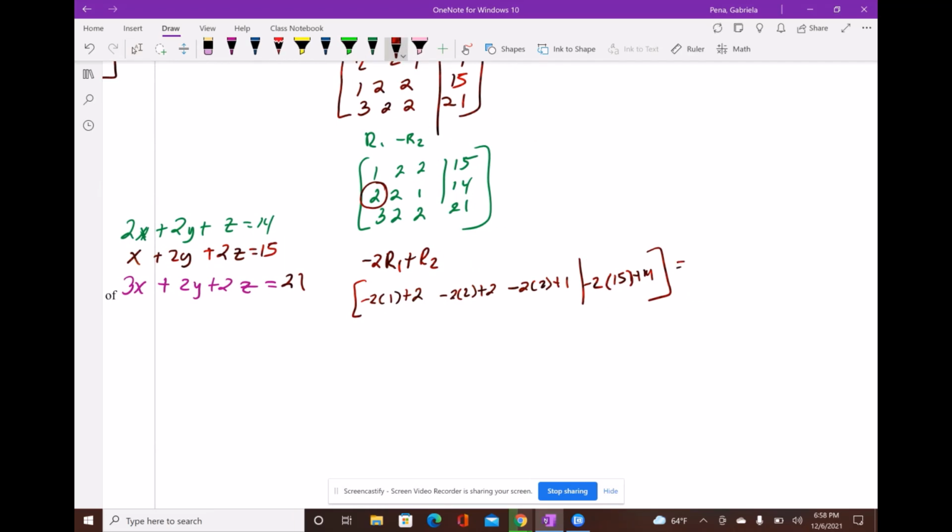Everybody's favorite, I know. 1, 2, 2, 15. This becomes 0. That's negative 4 plus 2, which is negative 2. Negative 4 plus 1, which is negative 3. Negative 30 plus 14, which is negative 16.